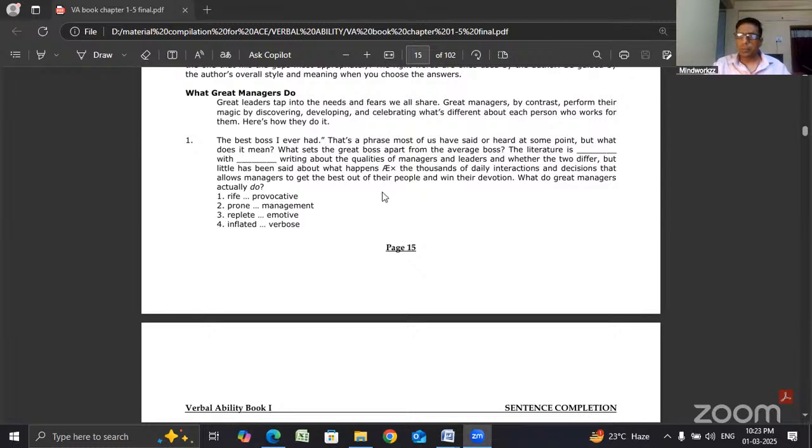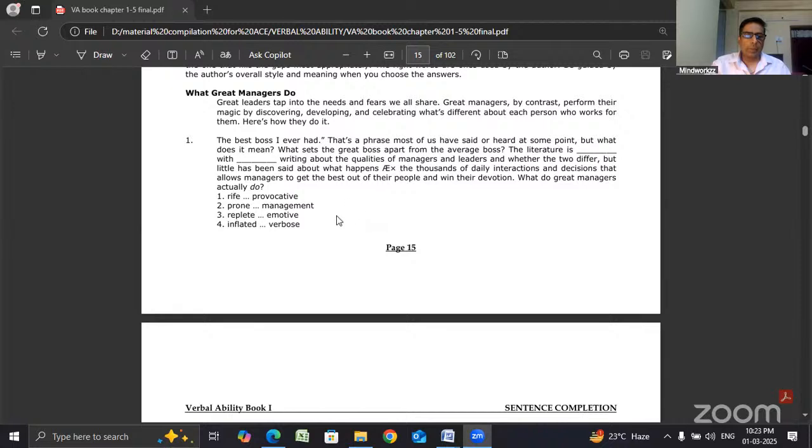This is a very simple exercise, but let me tell you, this is not a grammar exercise. This is not an exercise on vocabulary or grammar. Though vocabulary will play a role, don't treat this as a vocabulary exercise or a grammar exercise.